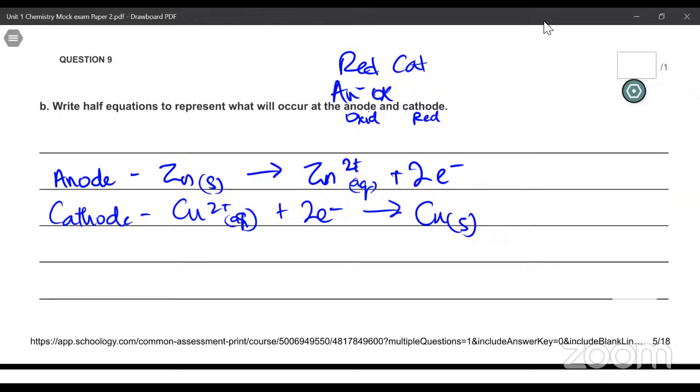And you will realize that for every half equation that you write, for the reduction, the electrons are on the left of the arrow, while for oxidation, the electrons are on the right of the arrow, most times. So that would be your answer for that question.